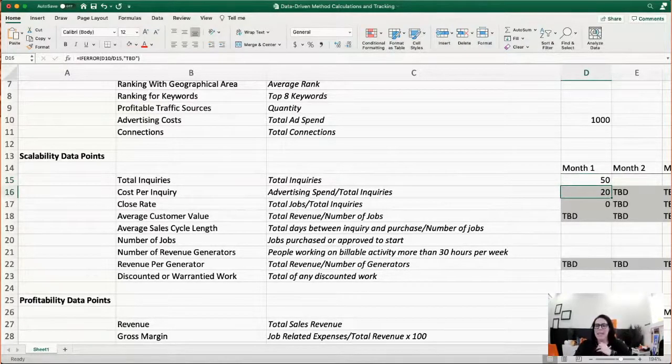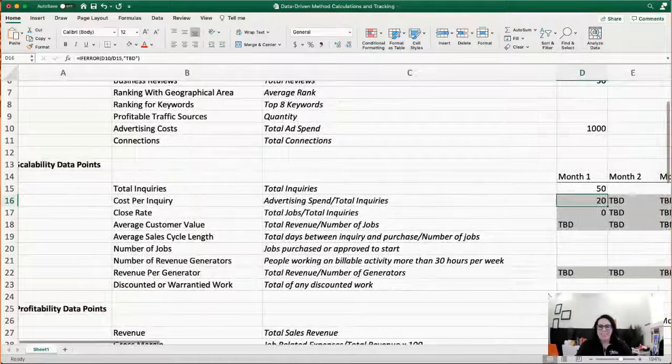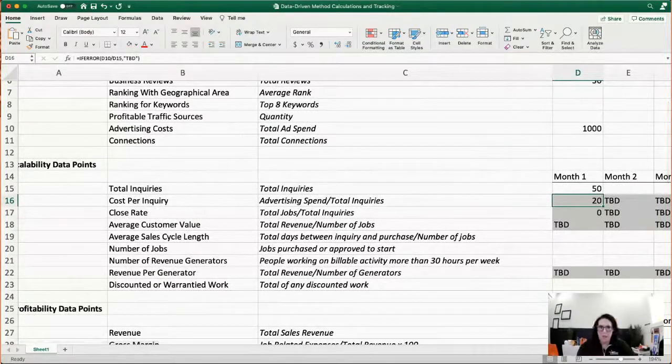Now you can see that this second field auto-calculated, because the next metric is cost per inquiry. We're looking at how much we invested into advertising and how many inquiries we got. Now we know that for each inquiry, it costs $20.